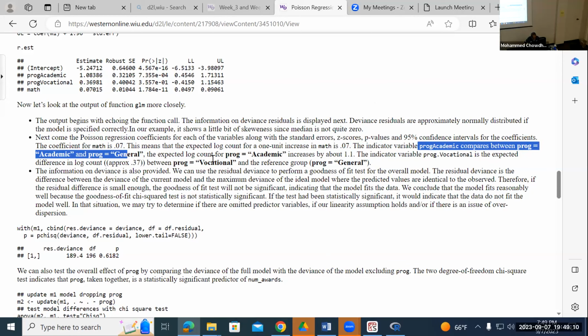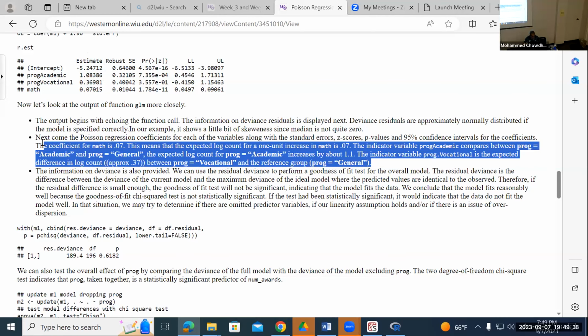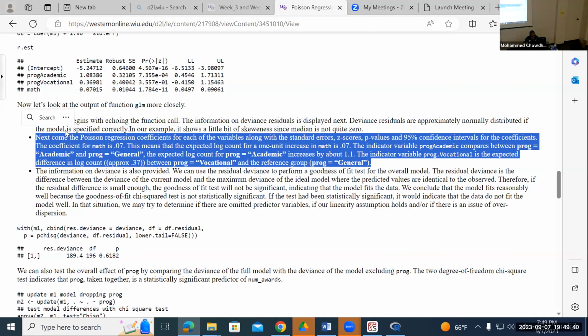The expected log count for program academic increases by 1.1. The indicator variable program vocational is the expected difference in the log count, 0.37, between program vocational and the reference category. So here they mentioned how to explain the parameters.